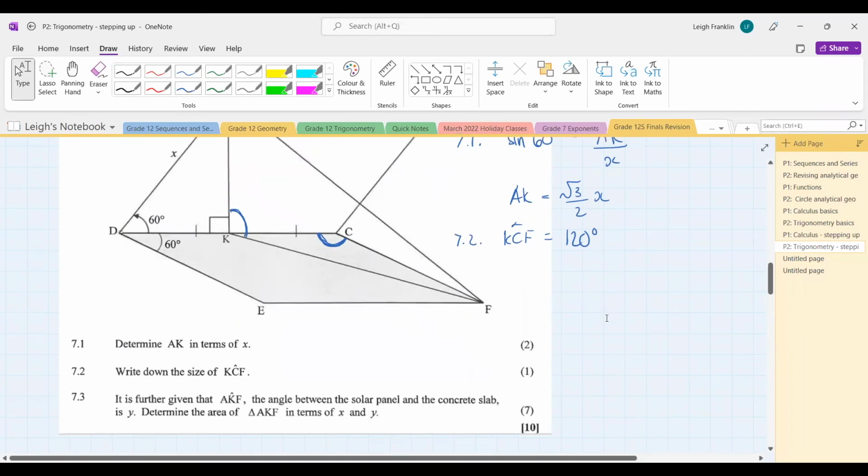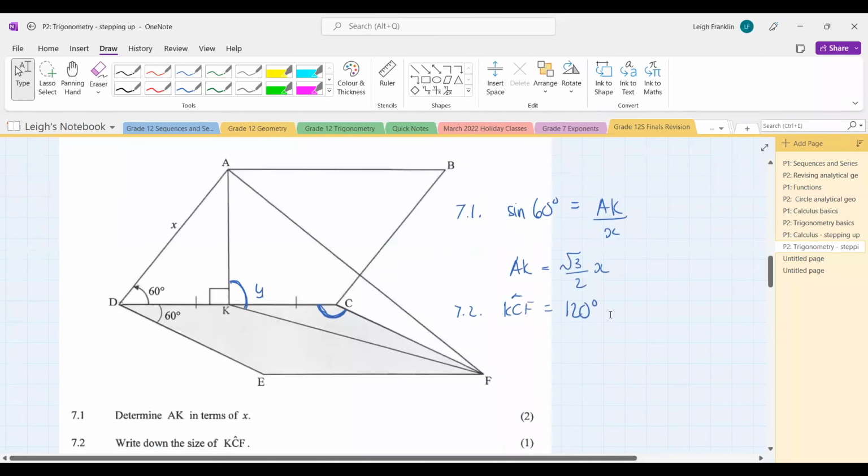If it is further given that AKF, the angle between the solar panel and the concrete slab, is y, determine the area of triangle AKF in terms of x and y. All right. So AKF is this triangle over here.